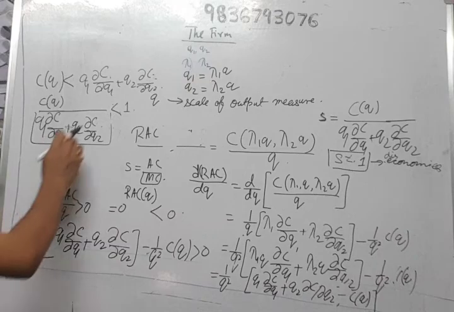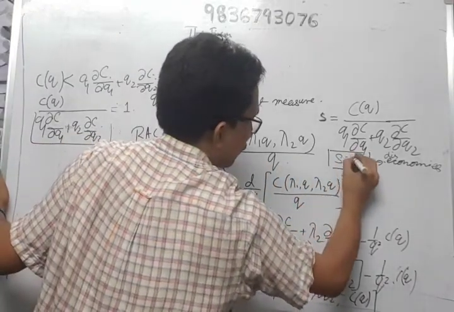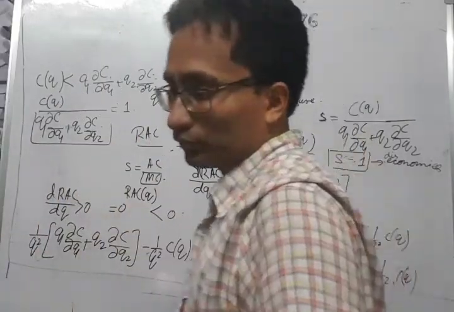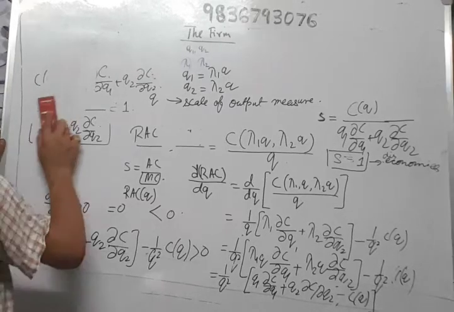Then it will represent a situation where this ratio is equal to 1. That means S at that point will be equal to 1. So in that situation, I will be having constant returns to scale. So now you can see how we use the economies of scale concept when we are considering a multi-product firm.